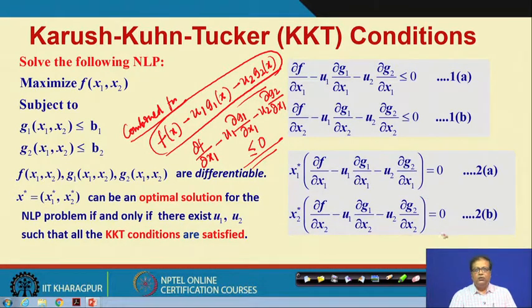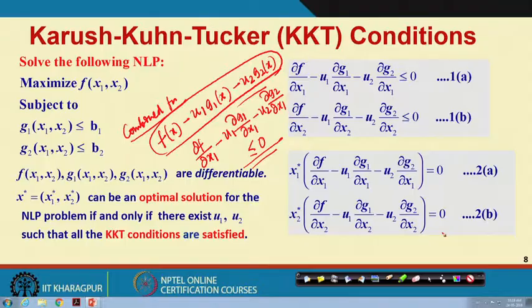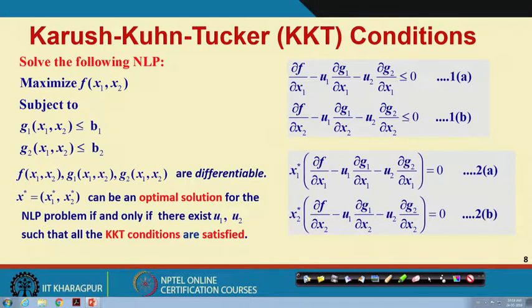Same thing holds for x2 also. So, I hope the first two conditions, which are the most important KKT conditions, you have understood clearly. Is it all right? If you have understood these two conditions clearly, let us see the remaining conditions.